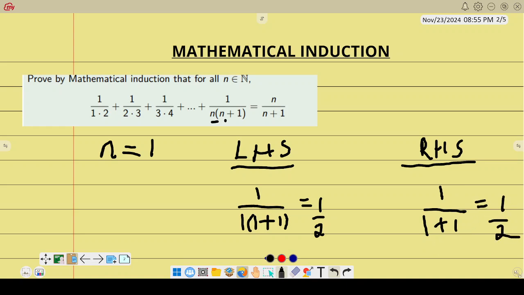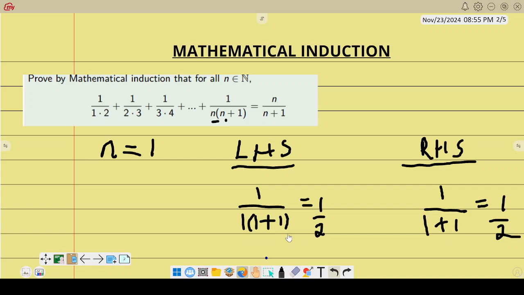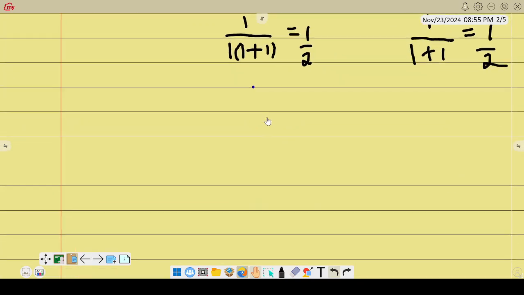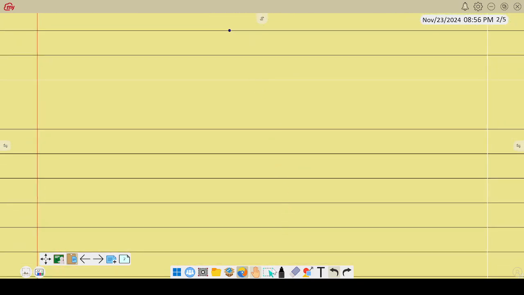So for n is equal to 1, the statement holds, it's true. Since it's true for n is equal to 1, then we can say it is also true for n is equal to k.